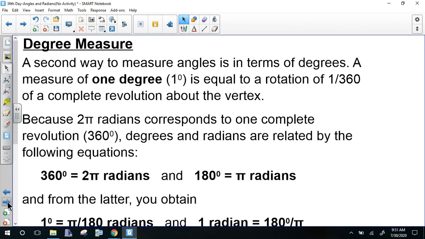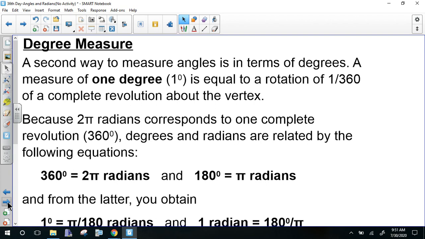Another way to measure angles is in degrees, which you're probably the most familiar with. A measure of 1 degree is equal to a rotation of about 1 over 360 of a complete revolution about the circle. There's 360 degrees in a full circle. So 1 degree would be 1/360th.